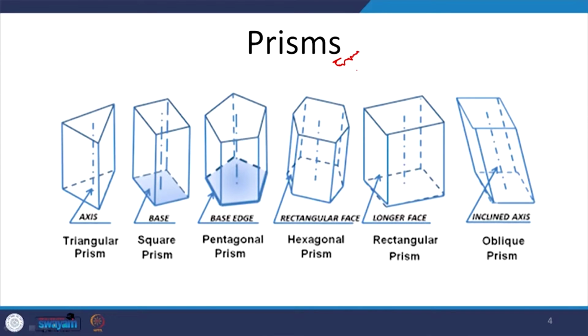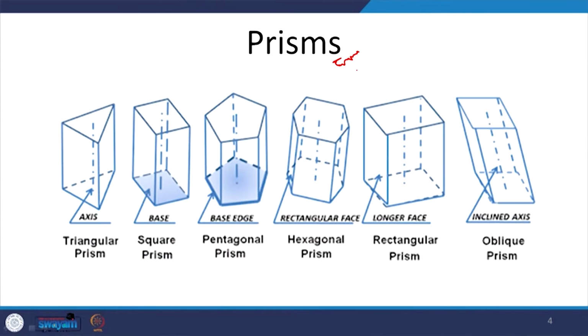A prism is any solid which has a base, and that base is extruded along an axis, a vertical axis. Most likely it is a vertical axis and it originates from the center of the base. So, if you look at the screen, we have different types of these prisms here.